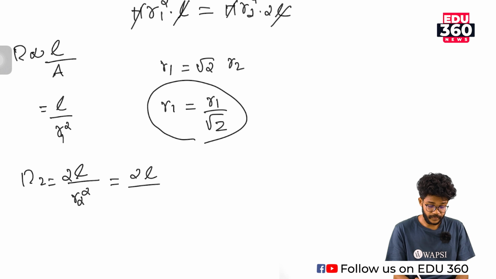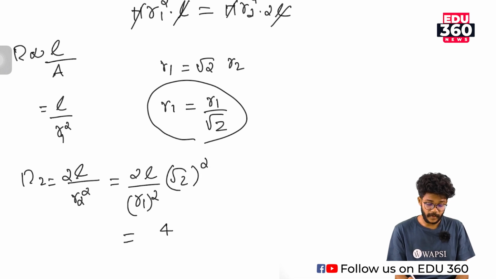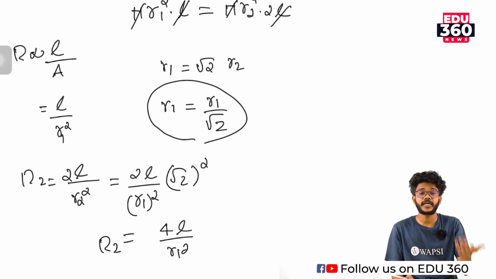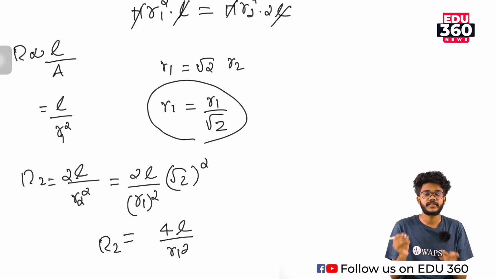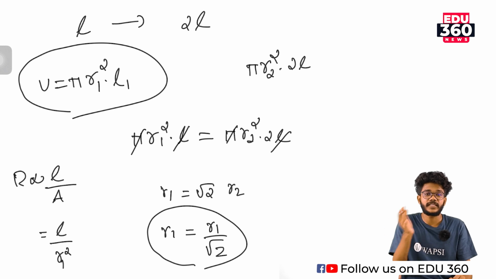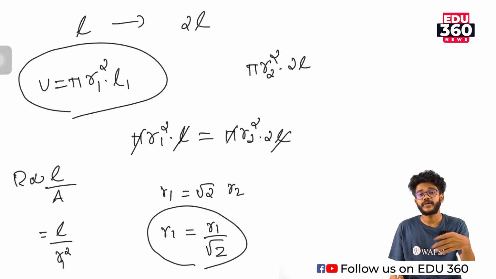R2 is nothing but r1 by root 2, and this root 2 will come here and it is squared, which is equal to 4L by r1 square. See, R1 is L by r1 square and R2 is 4L by r1 square. That means R2 is 4 times R1. That 4 is coming from the square of the factor 2. L gets doubled, then the resistance gets 4 times increased.